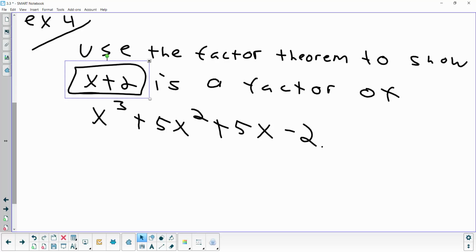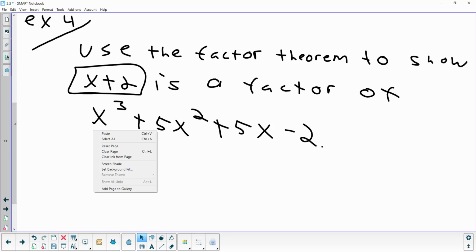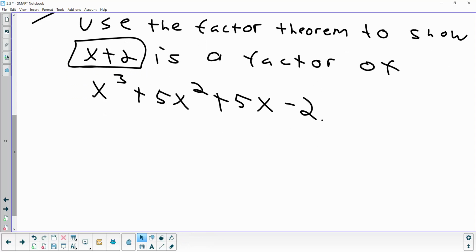Yep. 2. We'd plug in 2 if it was x minus 2. So what are we going to plug in for this one? Yep. -2. So we're going to plug -2 in for x, and that will tell me the remainder when I divide by this. That's all I care about. So let's fill -2 in.